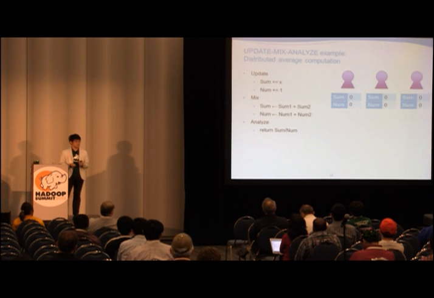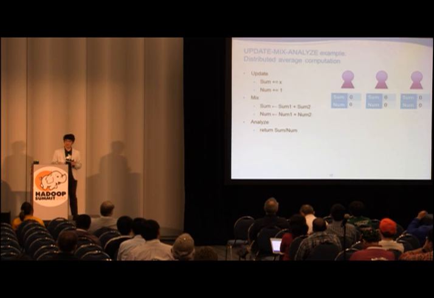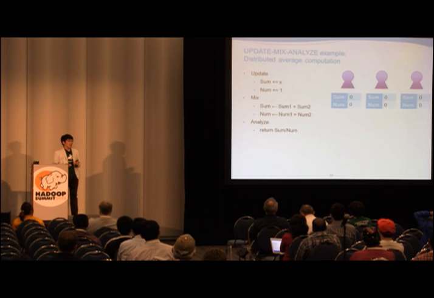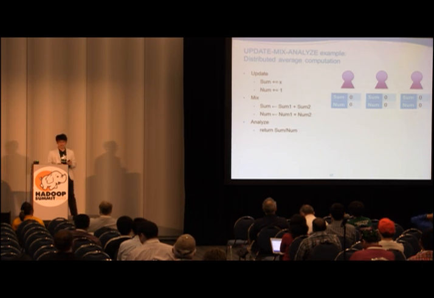And based on these operations, we can implement many kinds of machine learning algorithms. Here is a very simple example of distributed average computation. This is just a toy example, but many machine learning algorithms can be done in a similar way.